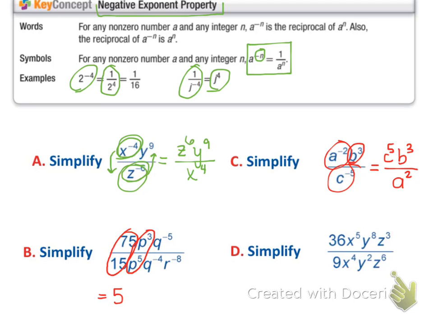So remember the rule there. I'm going to do 3 minus 5. That gives me p to the negative 2. The q's I can subtract as well. I'm going to do negative 5 minus negative 4. Negative 5 minus negative 4. Keep change there a little bit. Gives me negative 1. So that's q to the negative 1.